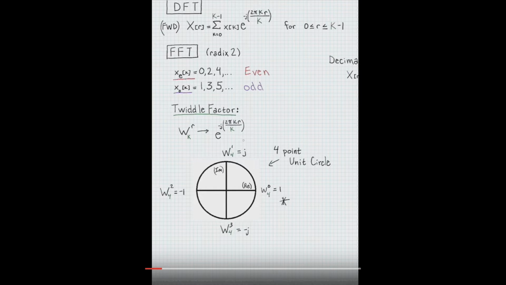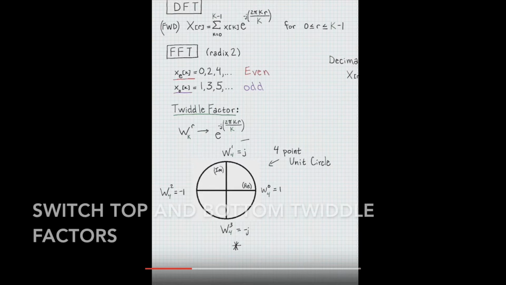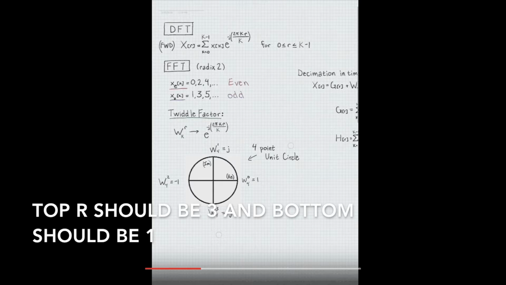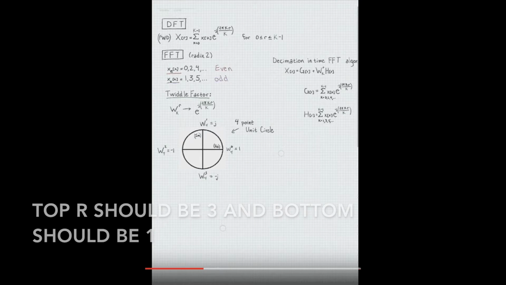In this example, in our unit circle, we drew a 4-point unit circle for you, having DFT sample 0, 1, 2, 3 as I just labeled. You'll see that the twiddle factor on all of them, the green k, since it's a 4-point, is 4, and then the top r relates back to the actual sample you want to take of your DFT.